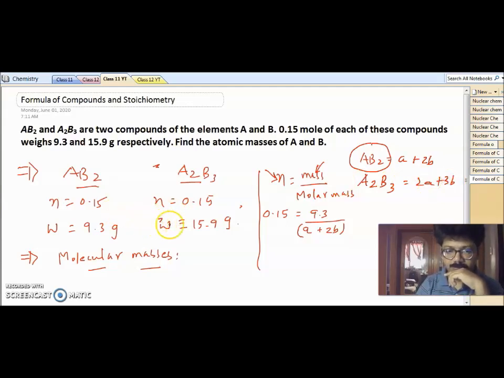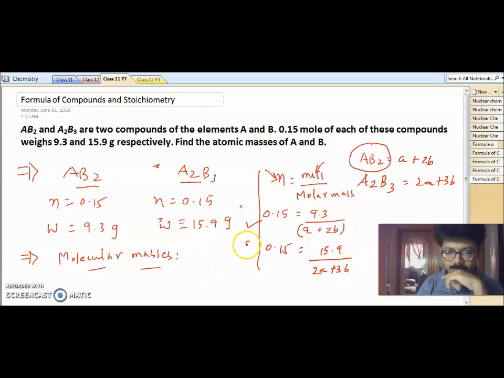So substitute these values as per the moles and all. What we get here is 0.15 mole is equal to 9.3 mass divided by A plus 2B for AB2, and I get 0.15 number of moles is equal to 15.9 divided by 2A plus 3B.